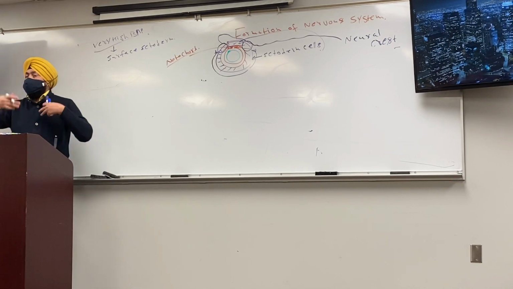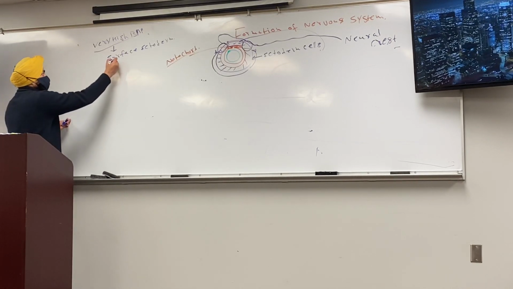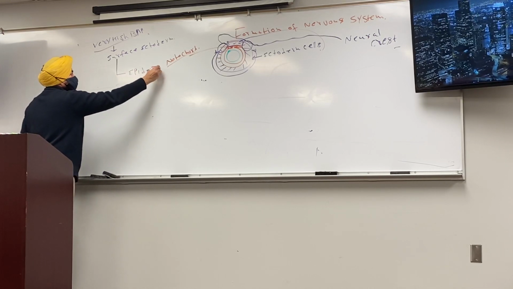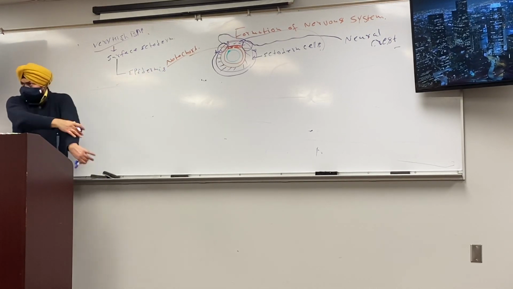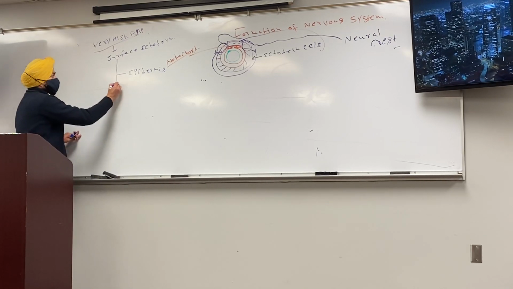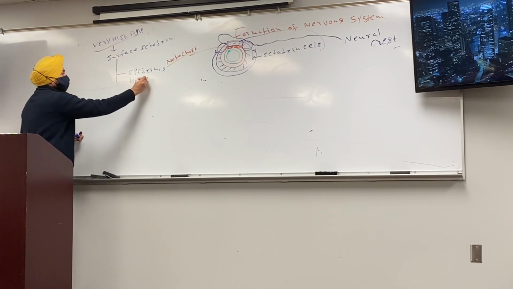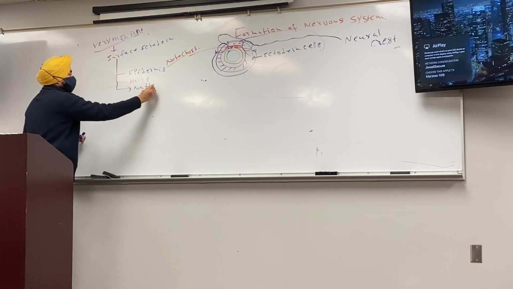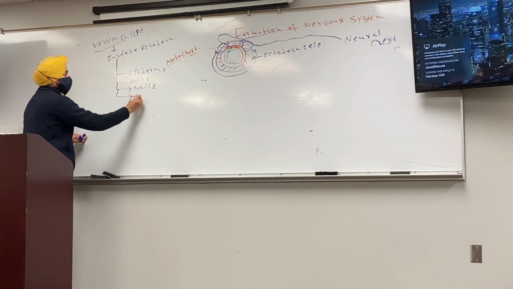So what are the components of surface ectoderm? Number one is your epidermis, which is essentially your covering of the body. Then you get your hairs coming from there. You get nails also from there.